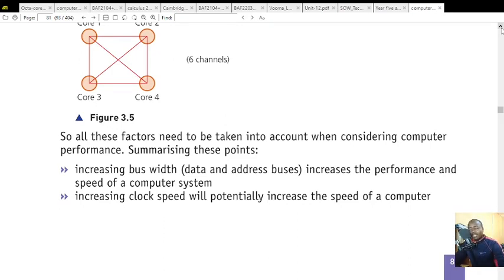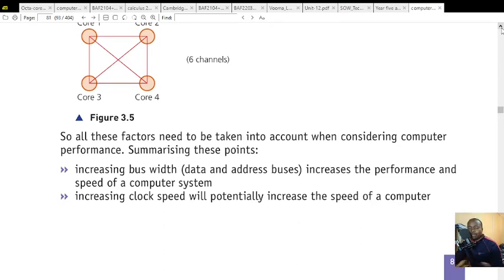So the general performance of computers is affected by various factors. We can talk of the number of cores you have. The cache memory, which is right within the CPU, is also important because it is able to reduce data access times and even latency time of the processor.